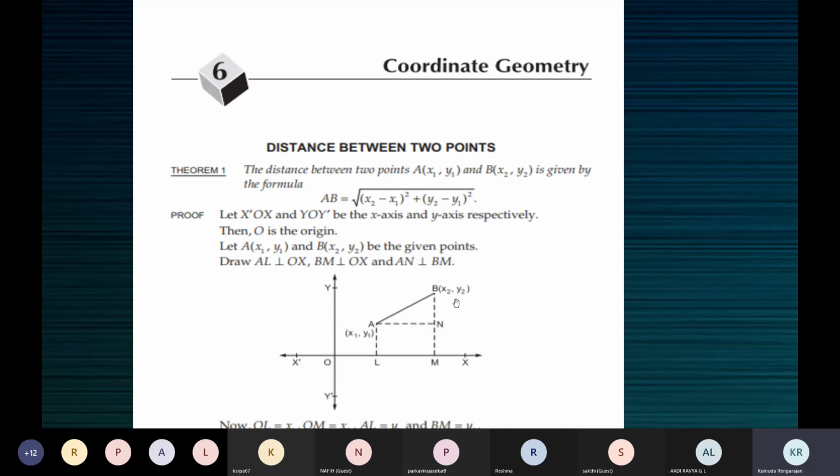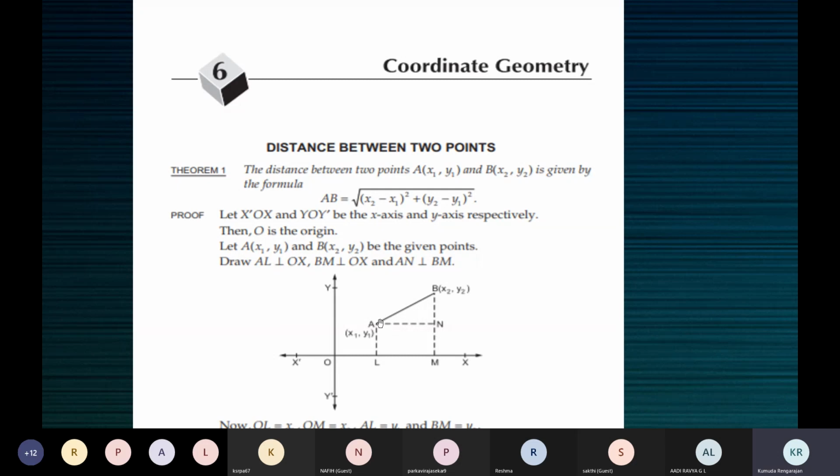After this, we need to drop AL. From A, draw AL perpendicular to the x-axis. From B, draw BM perpendicular to the x-axis.